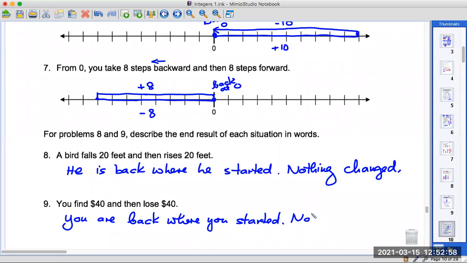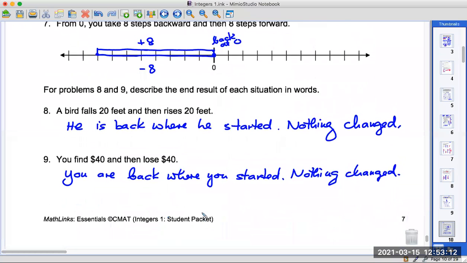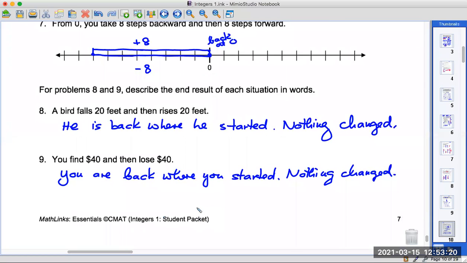And if you started out with 0, you're back at 0. Which could mean you found $40. Or you found the $40, put that in your bank account, but then took out a different $40.